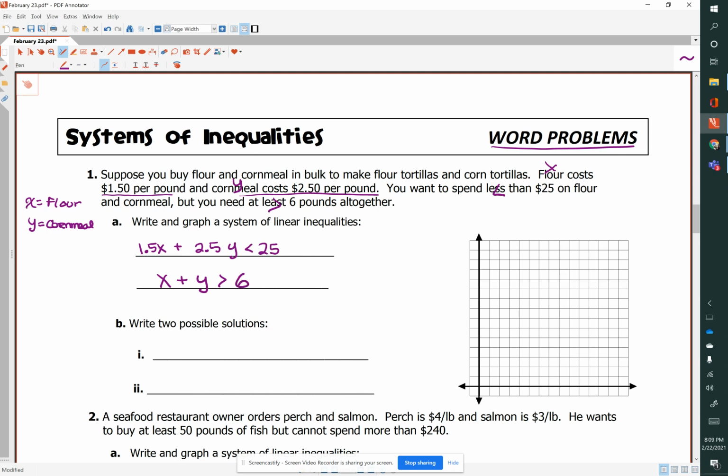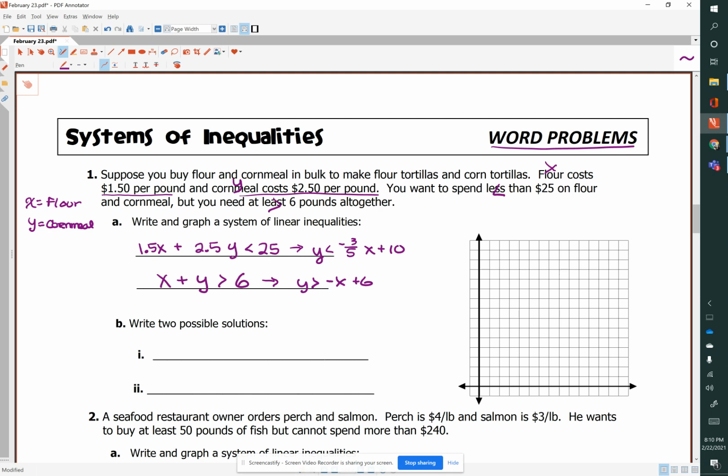So next thing we do is we graph these. We have to put them in slope-intercept form. So the first one would be y is less than negative 3/5 x plus 10. And the second equation, we just move y to the other side. y is greater than negative x plus 6.